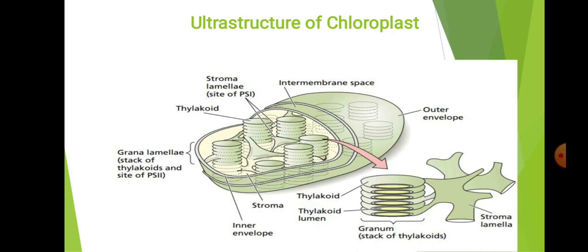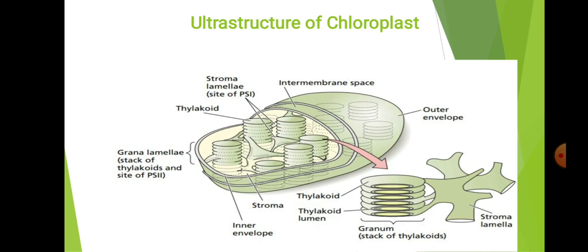Thylakoids are linked by a structure called stromal lamellae, which is the site of photosystem 1, and the stack of thylakoids is called the granum lamellae, which is generally the site of photosystem 2.